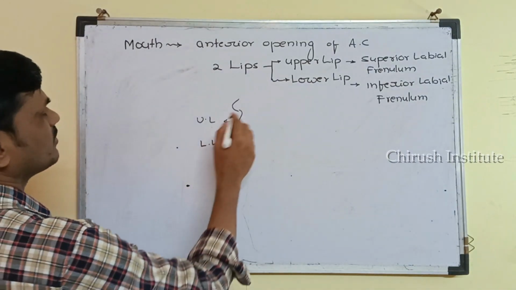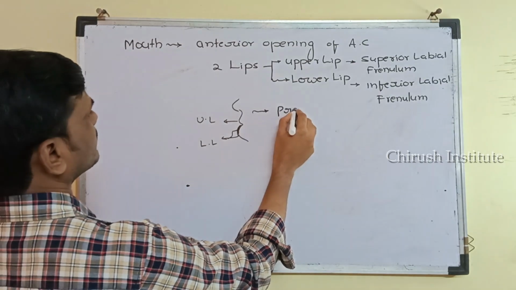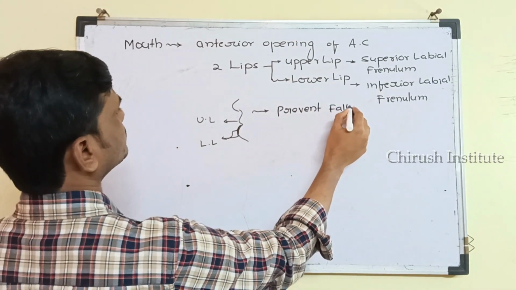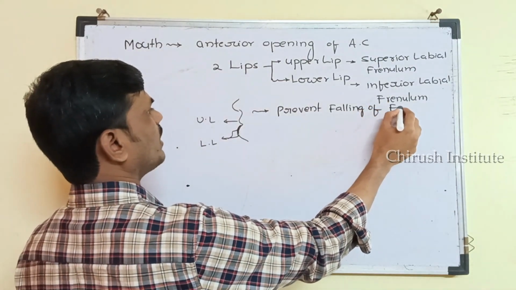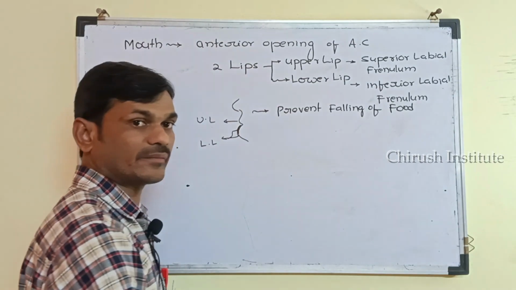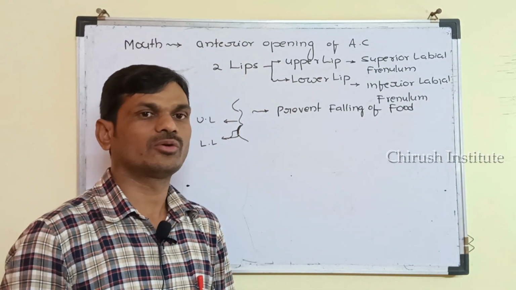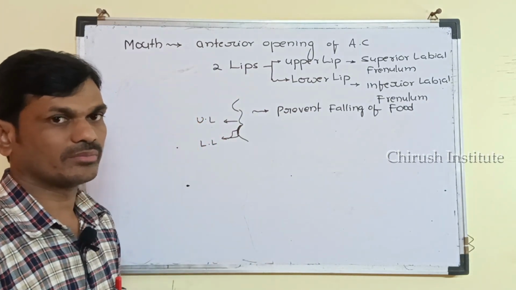The main function of the lips is to prevent falling of the food while masticating, or chewing. The food does not fall from the oral cavity because of the upper lip and lower lip.